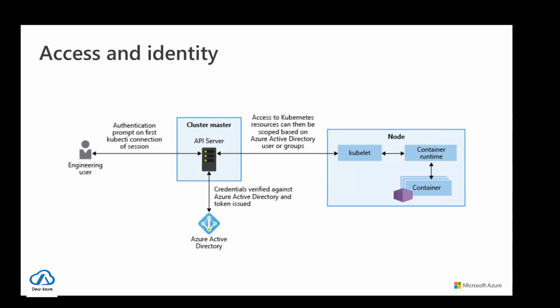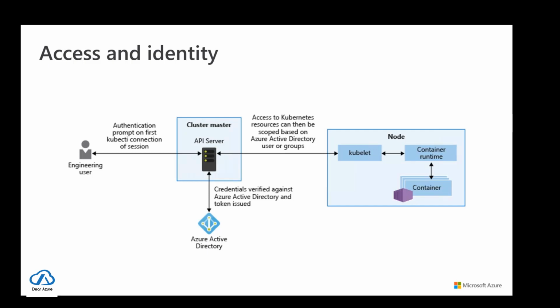You don't need to have different identity providers. All right, so with an Azure AD enabled AKS cluster, you can grant users or groups of users access to a Kubernetes resource within a namespace or across the cluster.